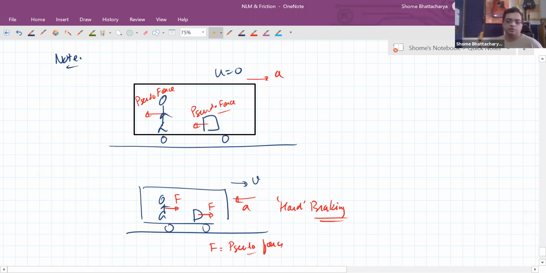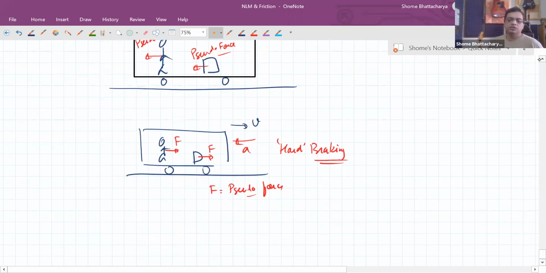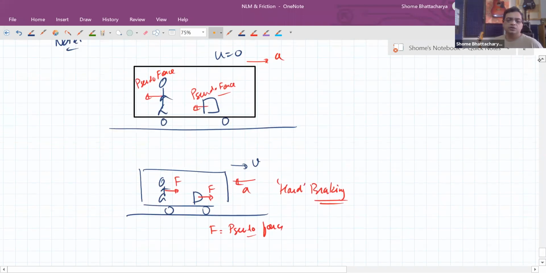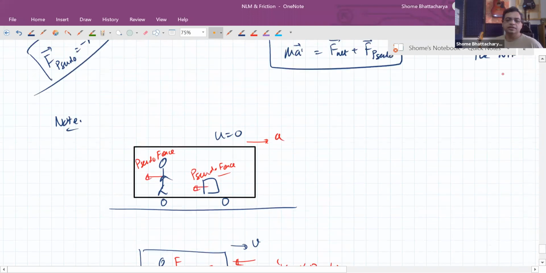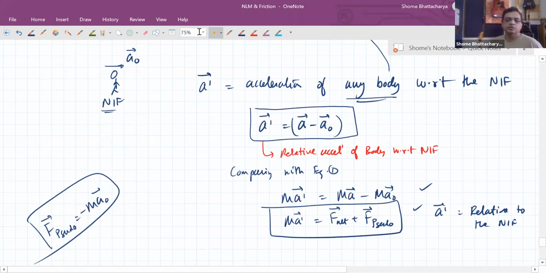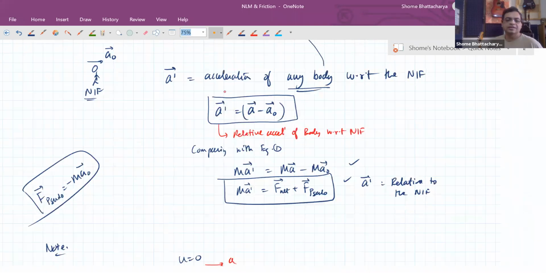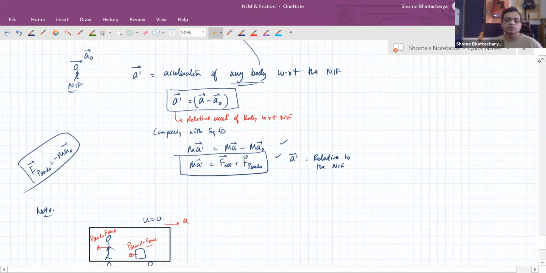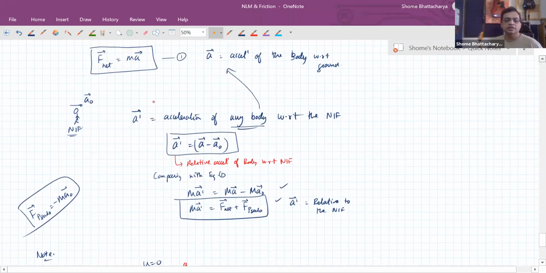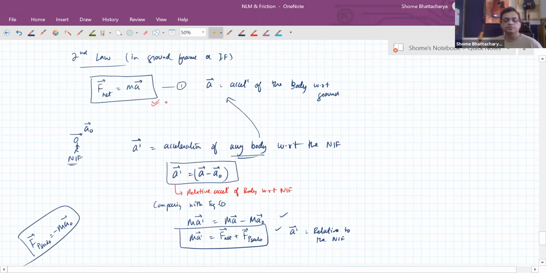And from the earlier analysis of Newton's second law in the inertial ground frame versus the relative motion with respect to the non-inertial frame. So this is Newton's second law in ground frame.